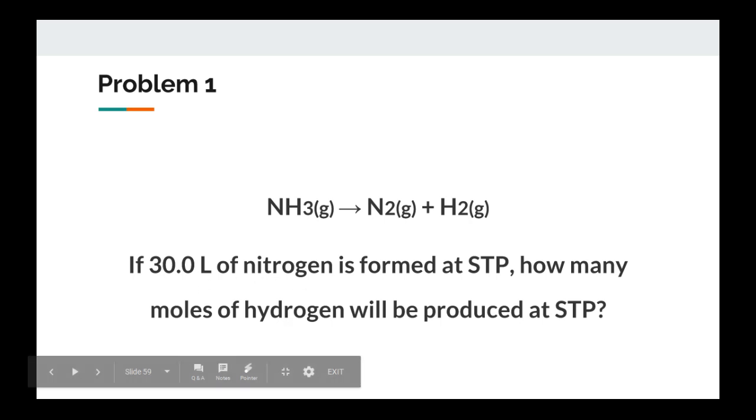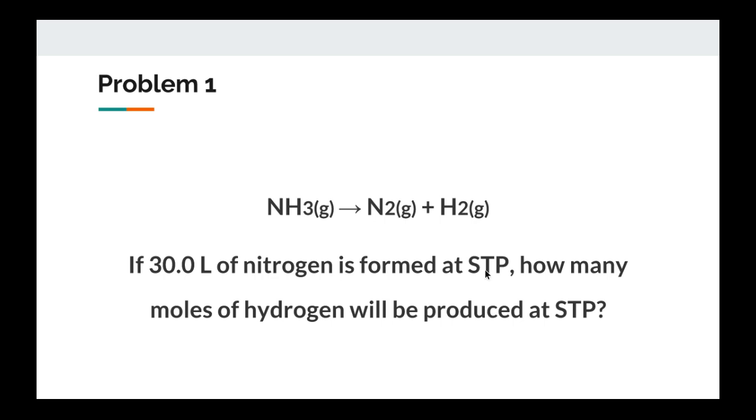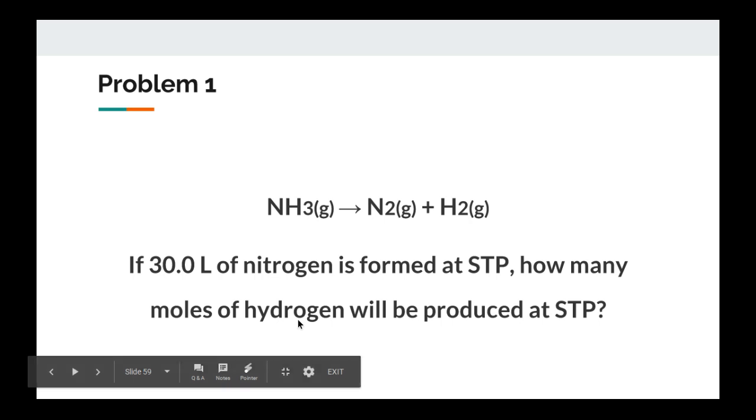So for the 30 liters of nitrogen at STP, you can use your 22.4 liters is to 1 mole, or PV is equal to nRT. The target is to get the moles of nitrogen from them. The moment you get the moles of nitrogen, you can use the mole ratio of nitrogen and hydrogen to get the moles of hydrogen.